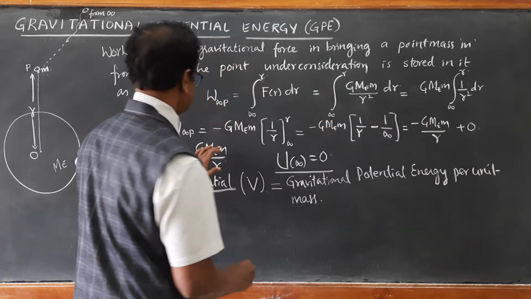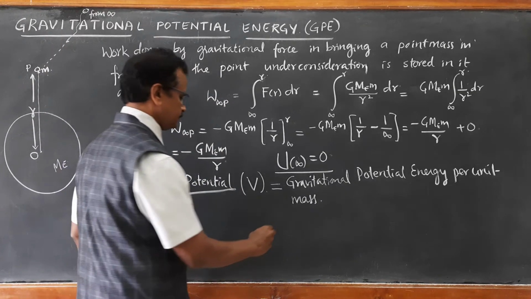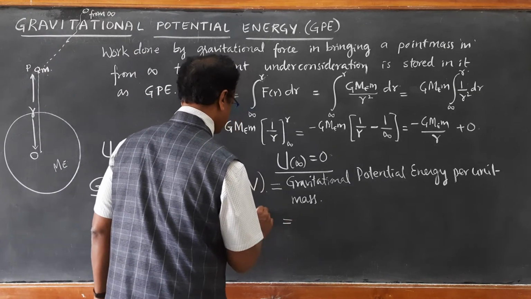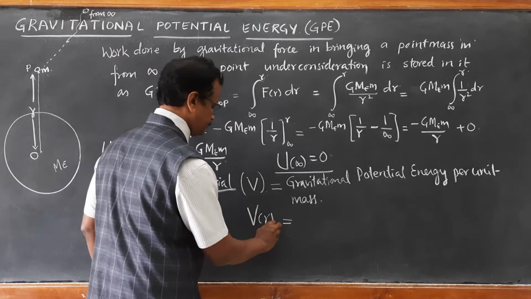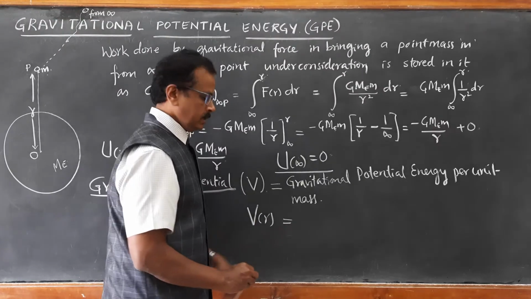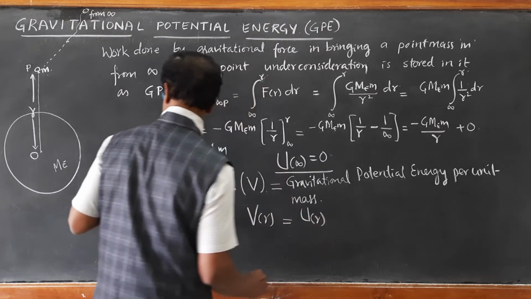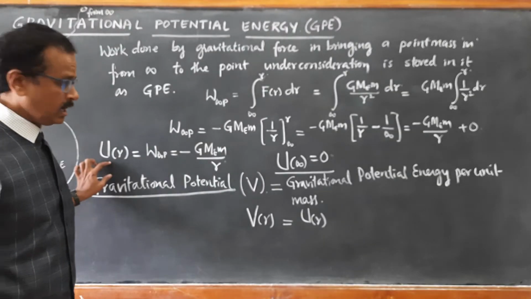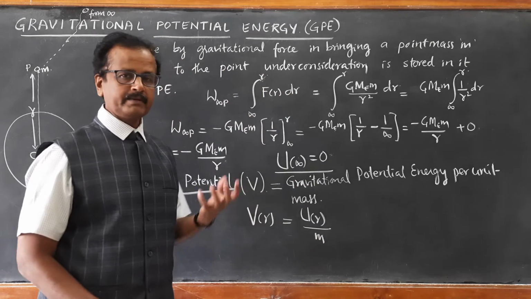So if you substitute the gravitational potential energy at this particular point, I will write V at position R. V is the notation for gravitational potential. V at position R can now be written as U at position R, that is gravitational potential energy at position R, divided by mass, because we want to calculate per unit mass.